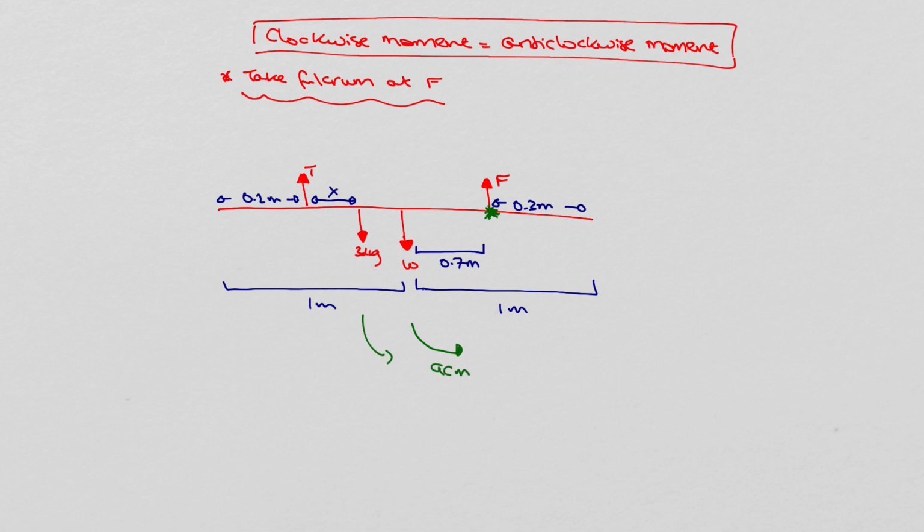3.4g is also going to be in an anti-clockwise direction, and its distance to F is going to be 2 meters, taking away 0.2, taking away x and taking away 0.3, which is 1.5 minus x.